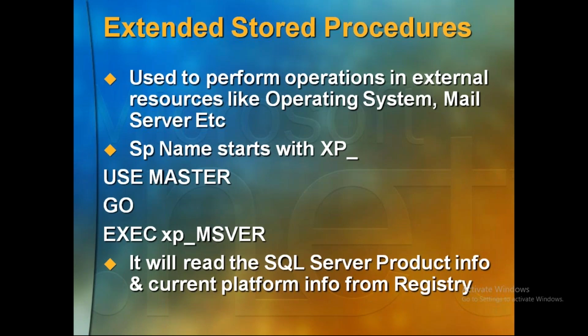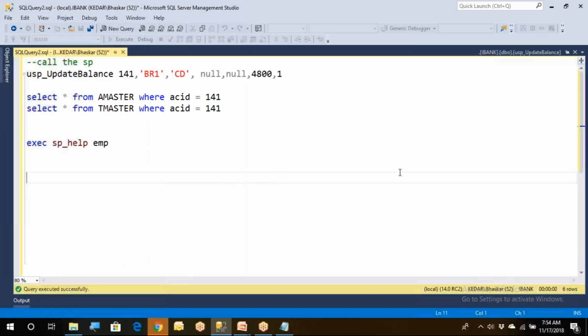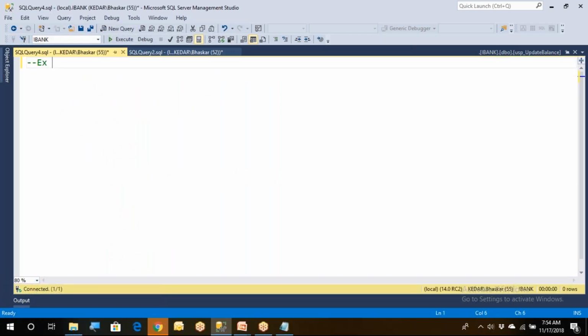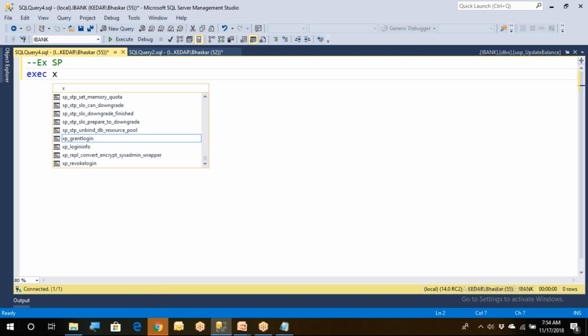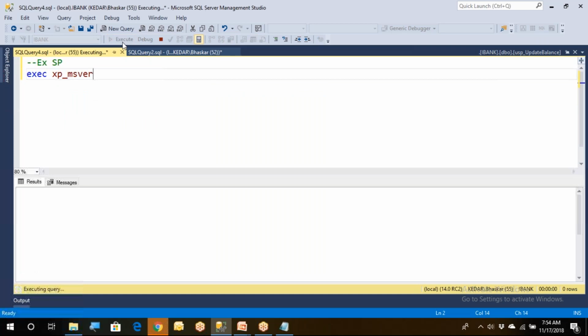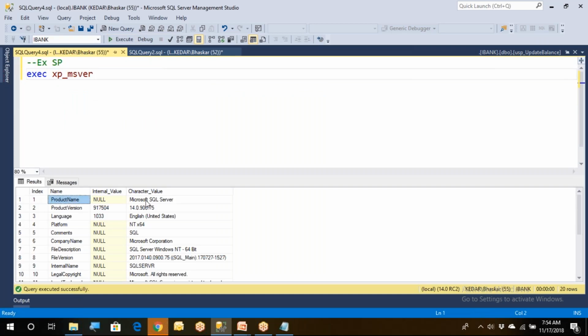Okay, now let me show you what this is. I am talking about extended stored procs, right? Let me execute xp_msver. Okay, this is an extended stored proc. Now, when I execute it, it is clearly telling what the product name is, SQL Server, what the version is, what the platform is, what the comment is, Microsoft Corporation 64-bit, and everything.